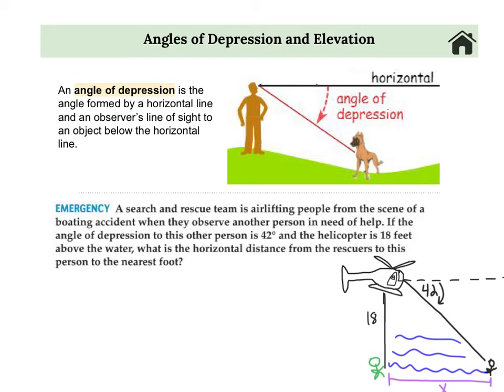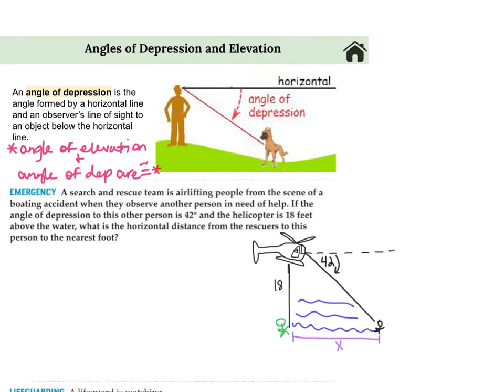Thinking back to yesterday, though, I wanted to bring up one really important point. The angle of elevation and the angle of depression are congruent. And the reason I wanted to bring that up, if we're thinking about different situations, so we have these horizontal lines in the sky and a horizontal line on the ground.